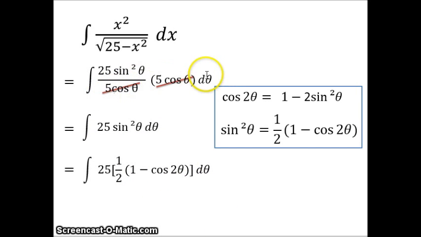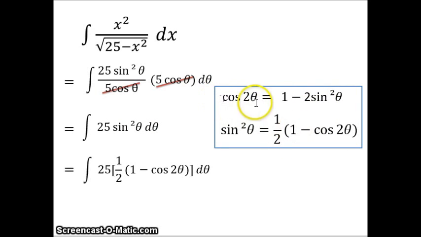And after cancelling both of them, you end up with only the integral of 25 sine squared theta d theta. And from here, you can't just integrate the sine squared theta. Well, you can't. You just don't try. Okay. We have to use the double angle rule, where we need to substitute sine squared theta into something else.